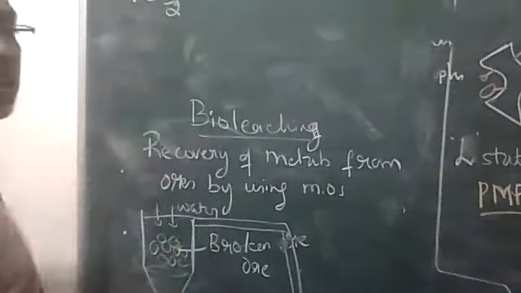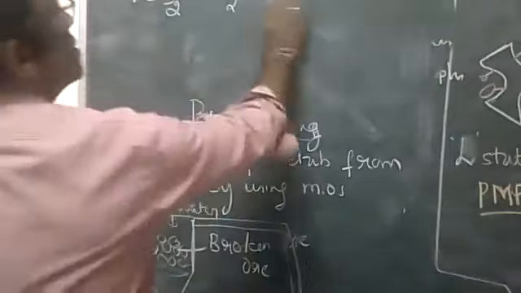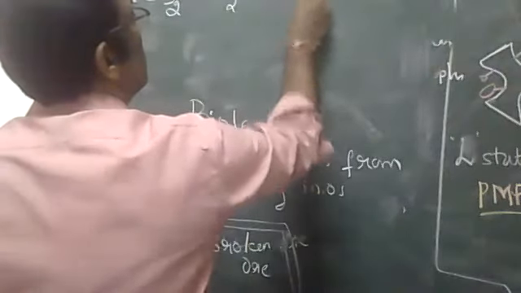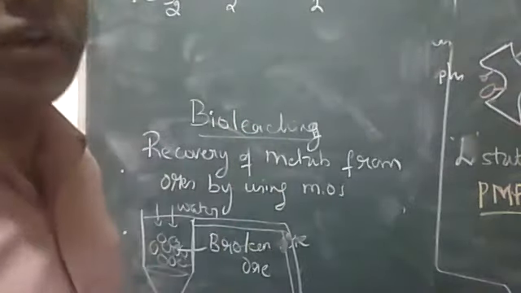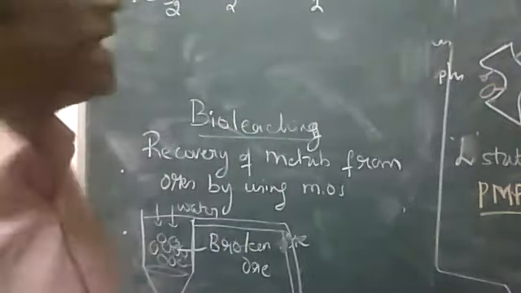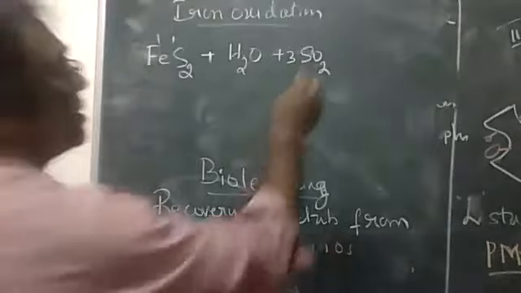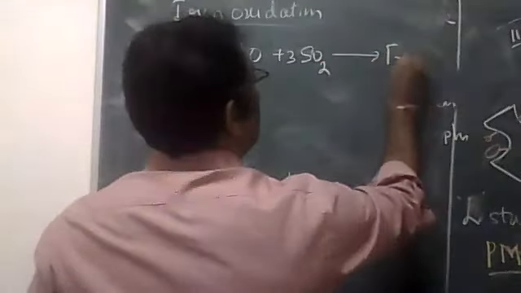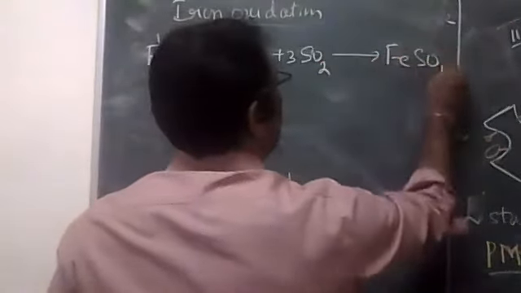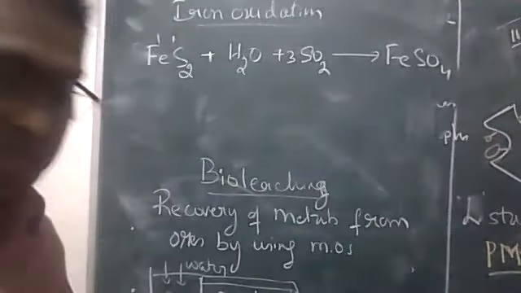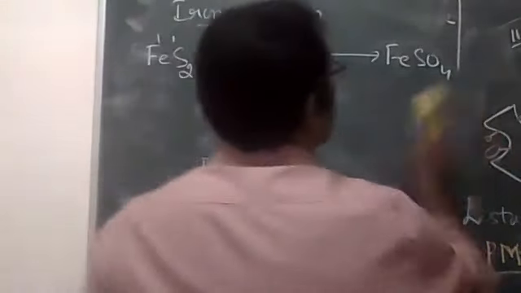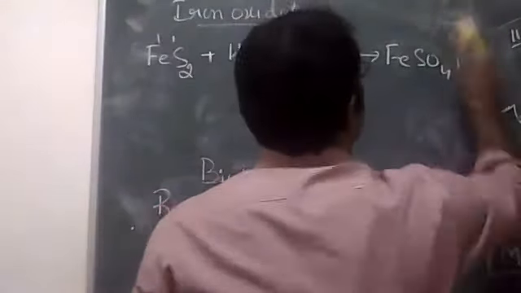We'll just go through it. FeS2 plus water plus sulfur dioxide gas gives FeSO4 plus sulfuric acid, FeSO4 plus H2SO4.